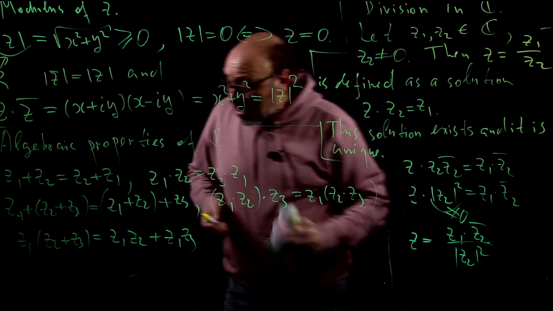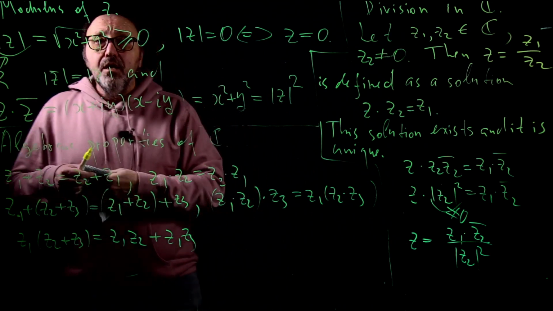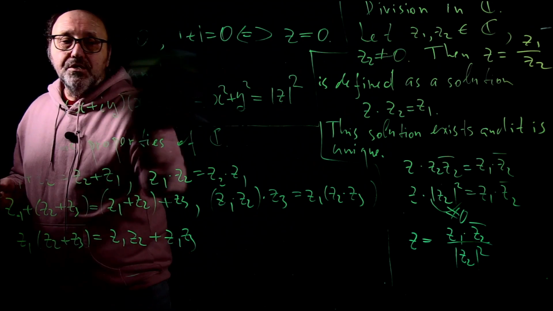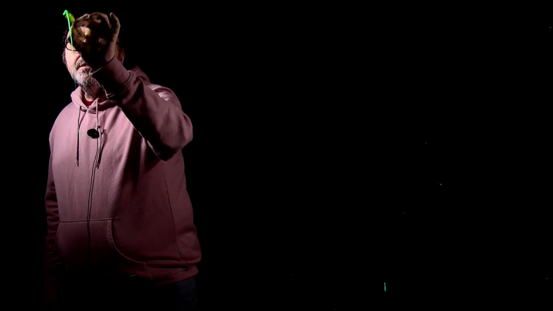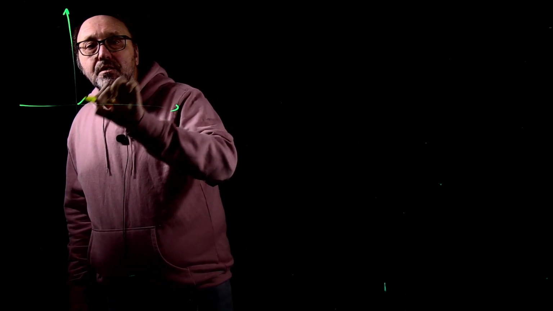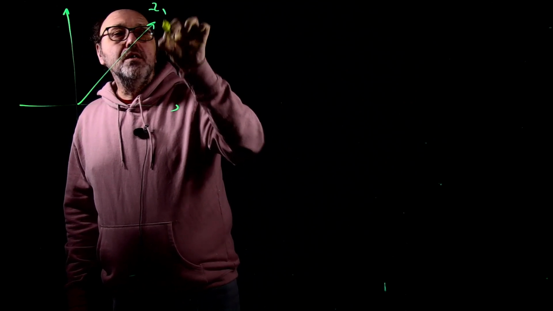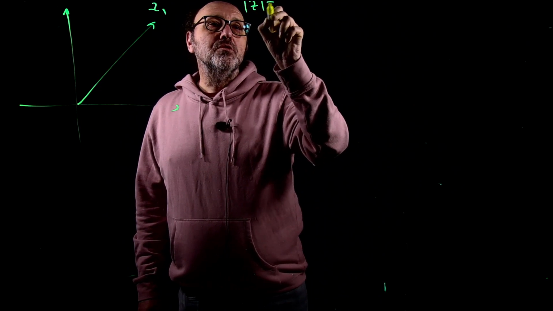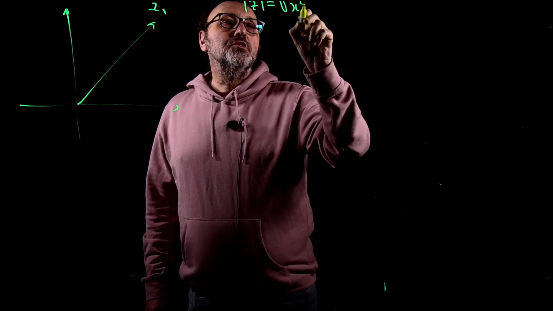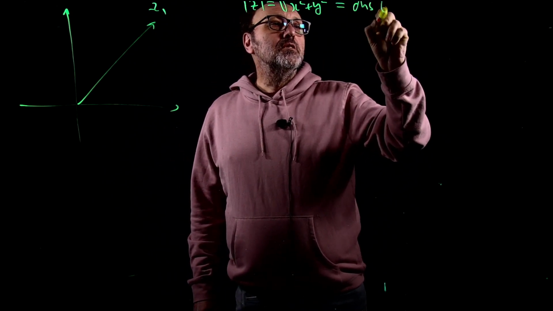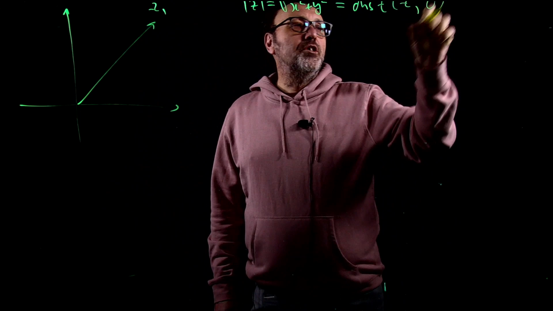All right, so now just a few words about the geometry of complex numbers. So in our plane we have a vector, say Z1. We see immediately that the geometric sense of the modulus is obvious. This is just the usual Euclidean distance from Z to the origin.